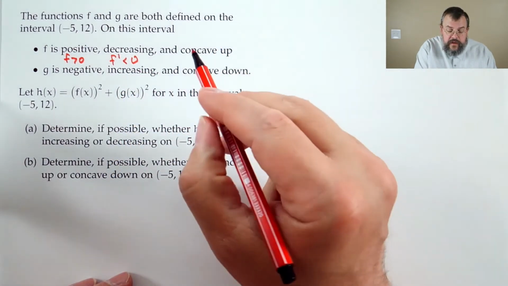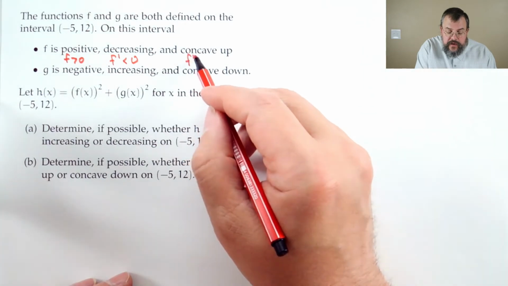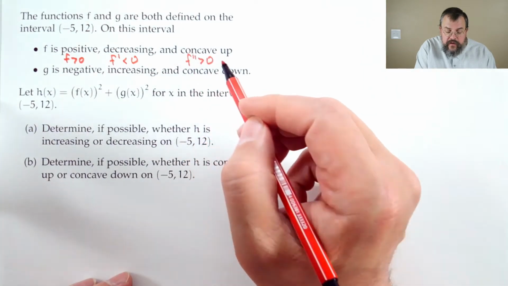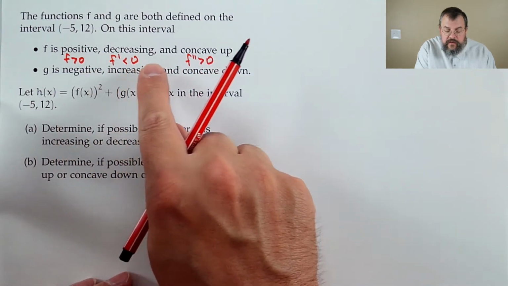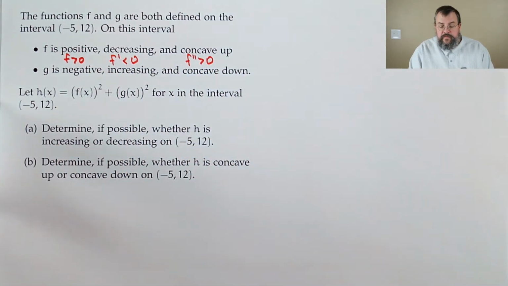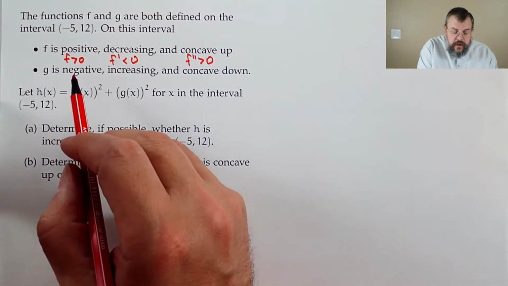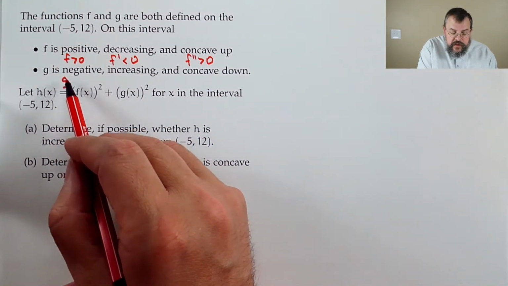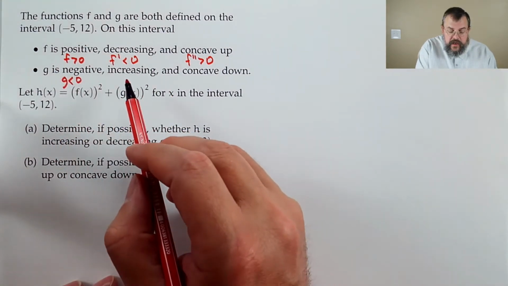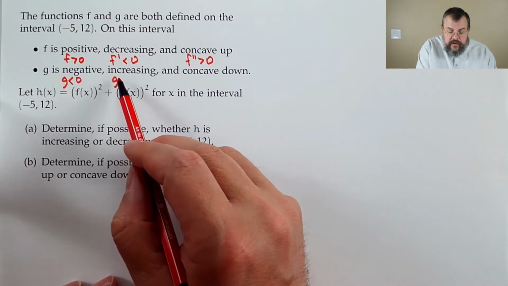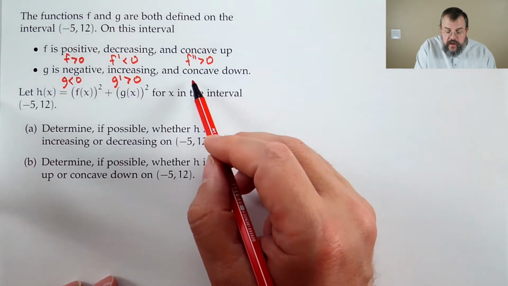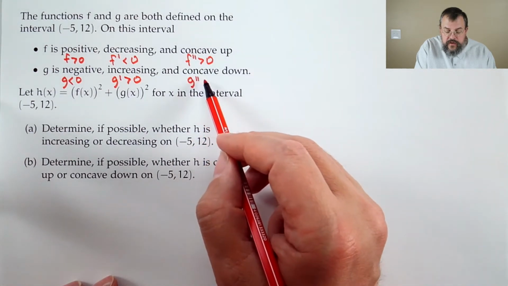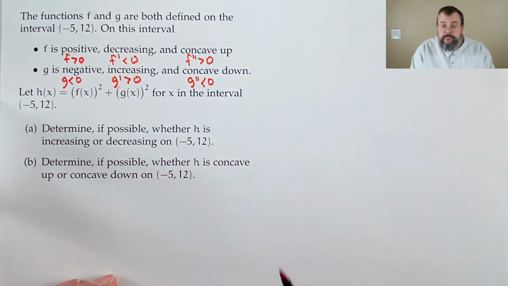Concave up. Well, that tells us our second derivative is positive. So f is positive, first derivative is negative, second derivative is positive. How about g? Well, g is negative. It's increasing, which means the derivative is positive, and it's concave down, which means our second derivative is negative.